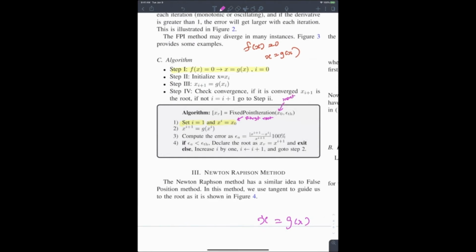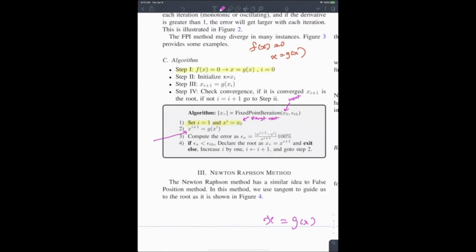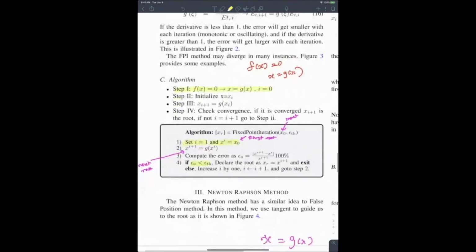Then we will say x(i+1), that is the next root, is g(x_i). So we need to know what is g(x_i). Now the error: you have x(i+1) and you have x_i, so you can compute the relative error. And then we check if the relative error is less than the threshold, so that is another input.